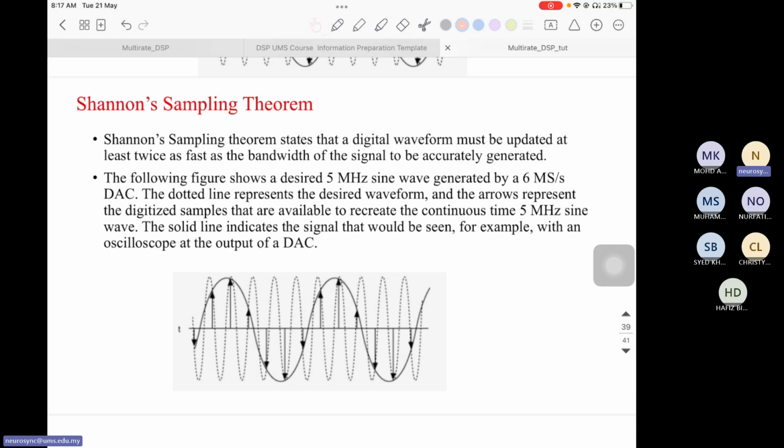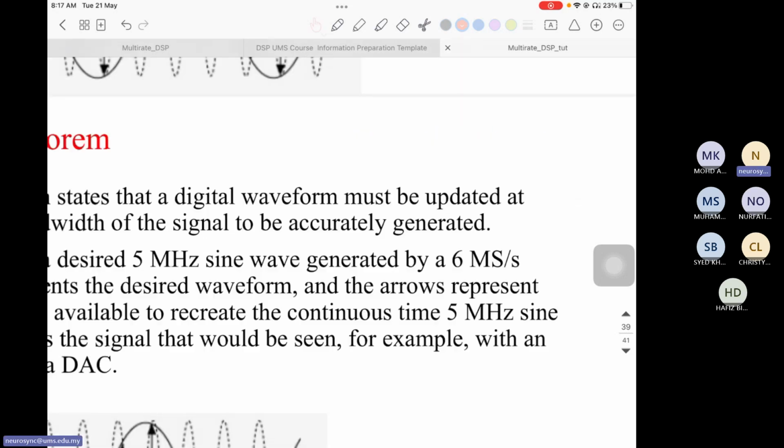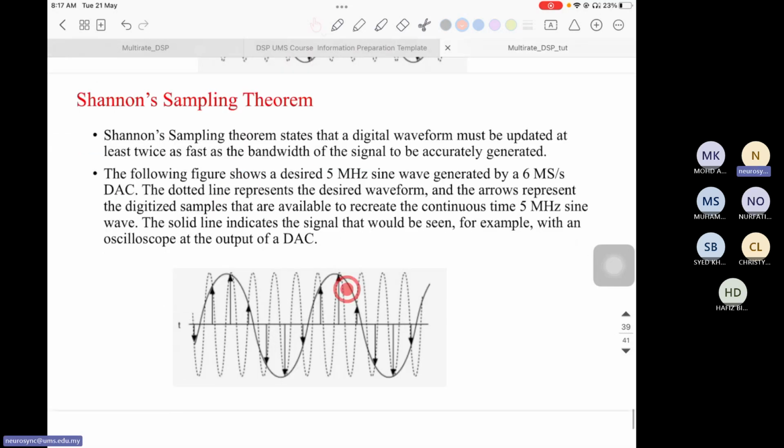Now, what does the Shannon sampling theorem say? The Shannon sampling theorem states that the digital waveform must be updated at least twice as fast as the bandwidth of the signal to be accurately generated. The previous one relates to continuous to discrete conversion; this is related to discrete to continuous conversion.